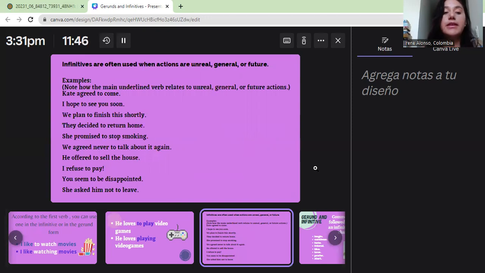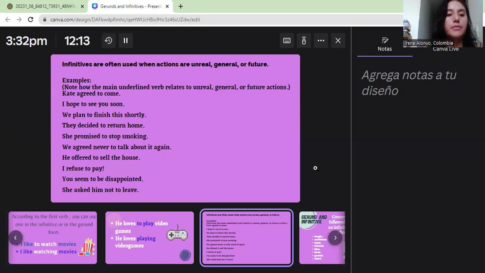Also, infinitives are often used when actions are unreal, general, or future. This is in contrast to gerunds, because gerunds are used for real situations, and infinitives are used for unreal ones.